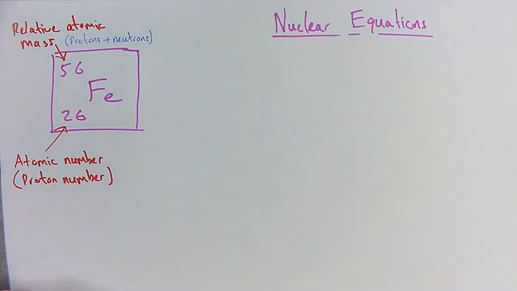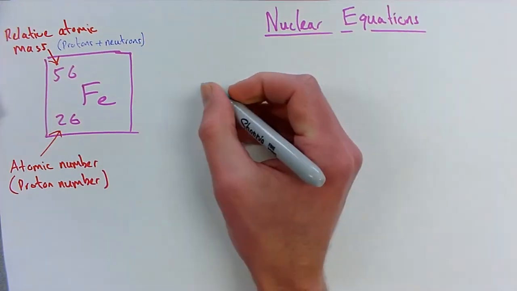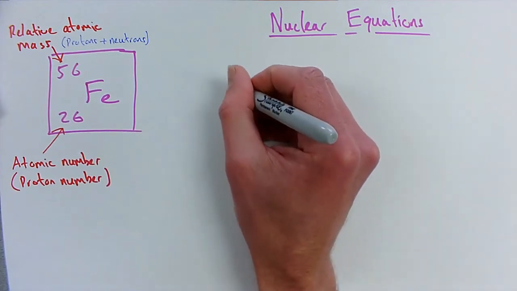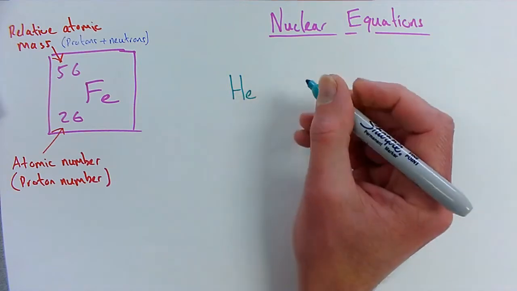Okay. Now when we come to do nuclear equations, we represent alpha and beta in similar ways. So let's pick a colour and stick with this green for alpha. And alpha, if you remember, is like a helium nucleus. So alpha we can write with the symbol He for helium.